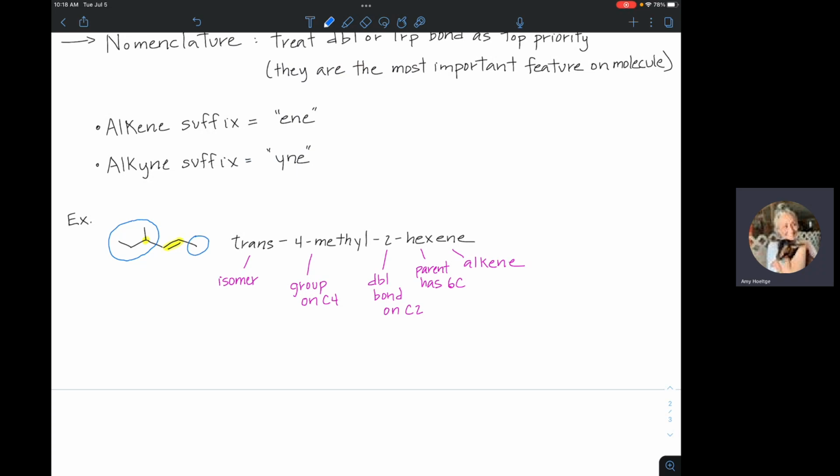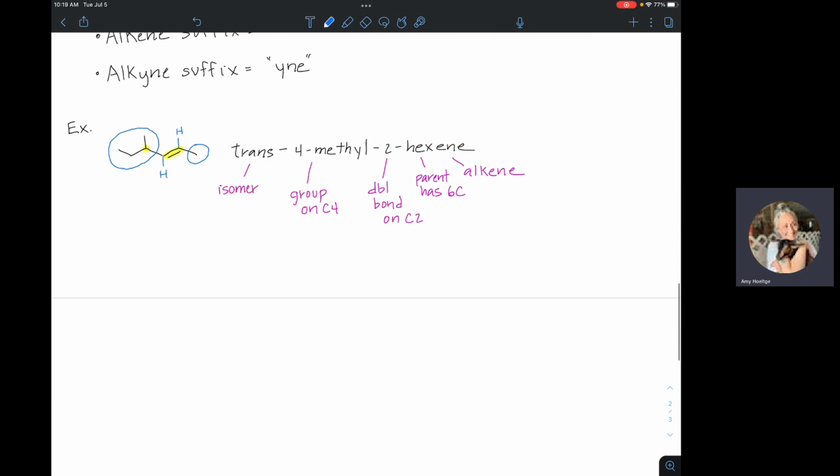So you could view it as R. We have a methyl group, the rest of the molecule on the right-hand side, and then the rest of the molecule on the left-hand side. They're on opposite sides of the double bond. If it's easier to see, you can draw the hydrogens in, but we typically don't see these written in. This would be like if you wanted to write this out differently.